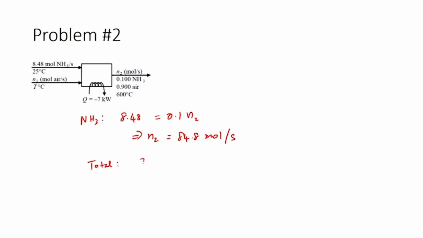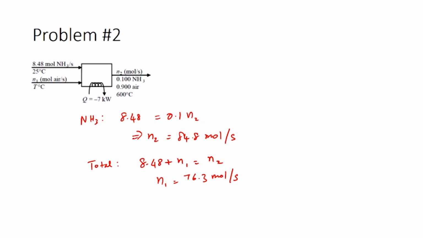So, total balance is basically 8.48 plus N1 equals N2. So, we already know N2, so we can calculate N1 as 76.3 moles per second. So, now we have the molar flow rates of ammonia and air and the mixture which is leaving the system. We now have to calculate the temperature at which air is being fed to the system.